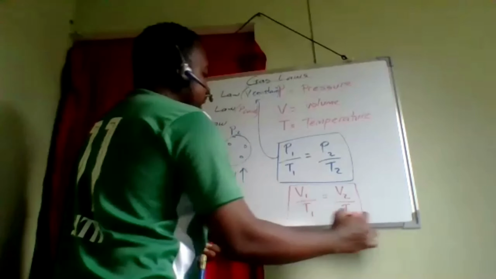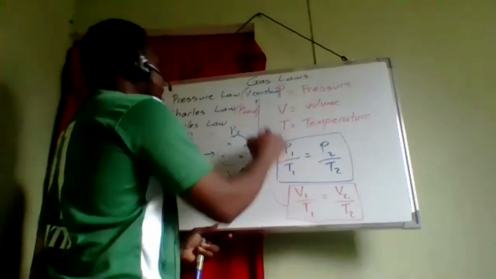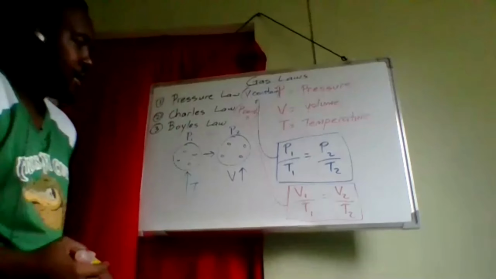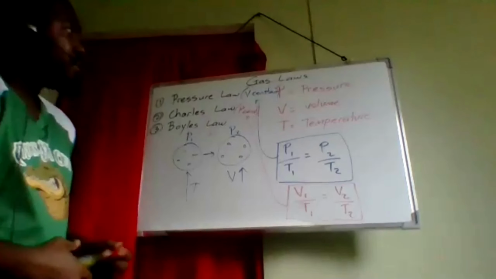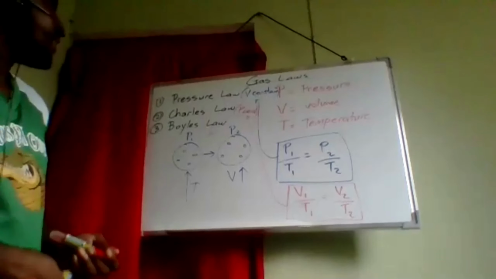And we notice again that the pressure, the constant, is not present in our equation, right? And then finally, we have used P and V, so therefore in Boyle's law, temperature is constant, right?